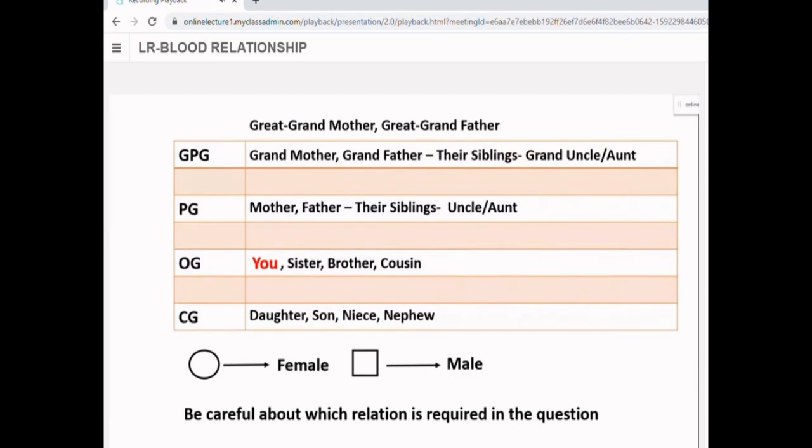Just here, I'm showing you what I mean by this point. Now, these are you. Here, can you see now? I'm doing arrow. So your relation with mother is mother. But mother's relation with you.